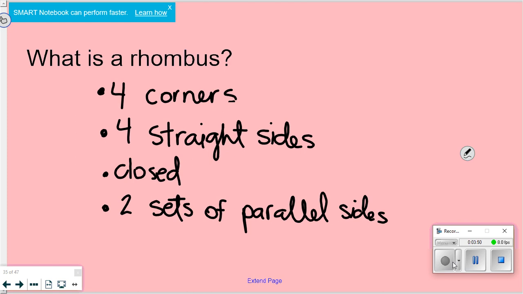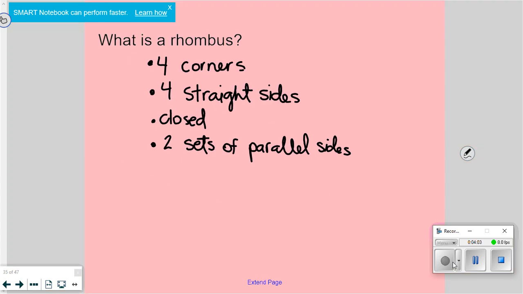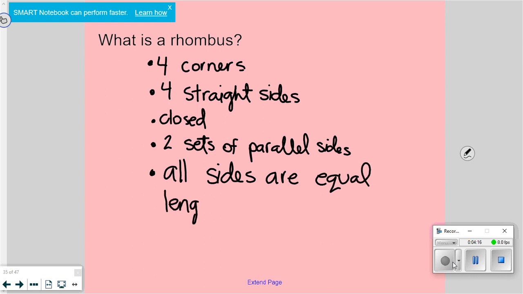There's one more rule that makes a rhombus special. All sides are equal length.